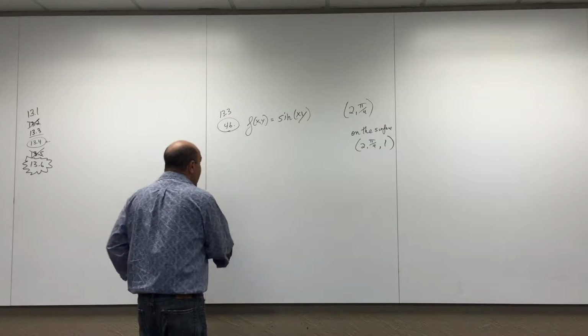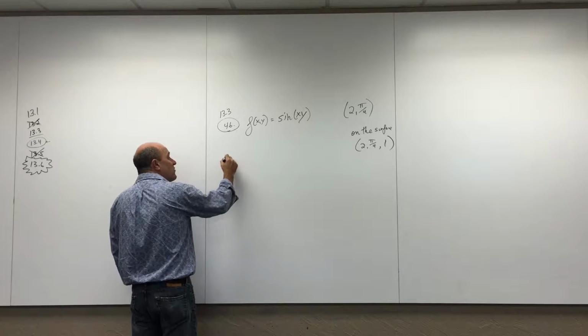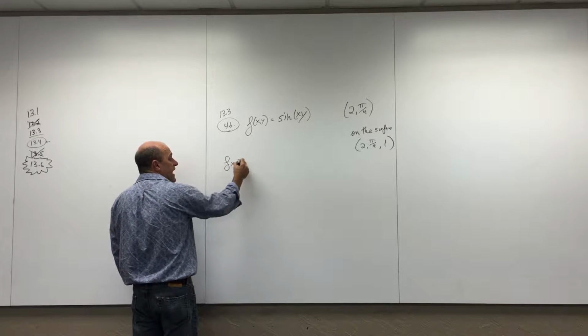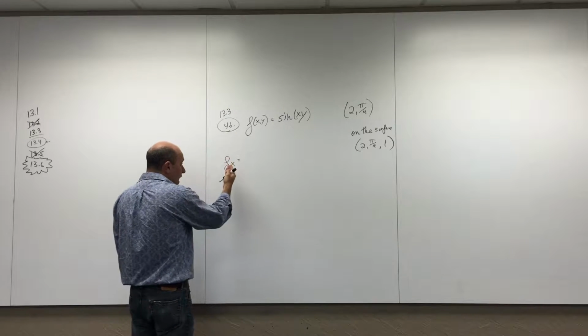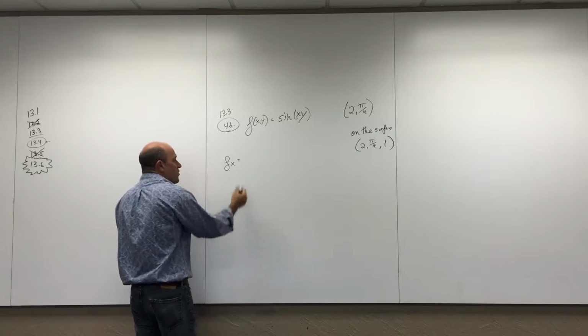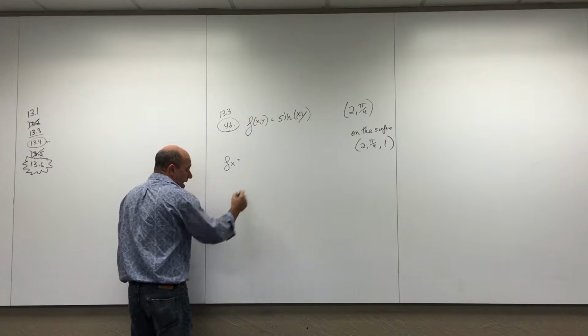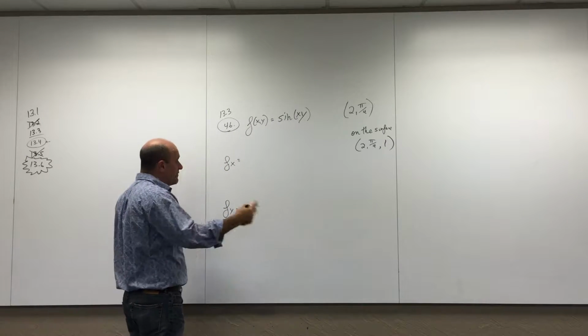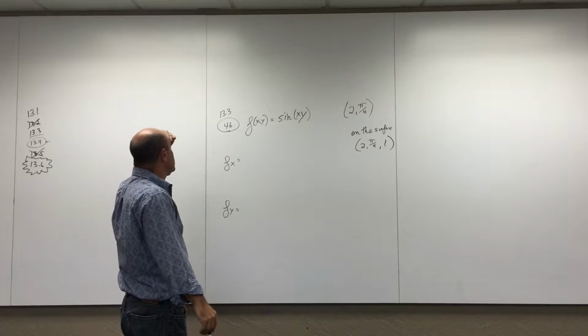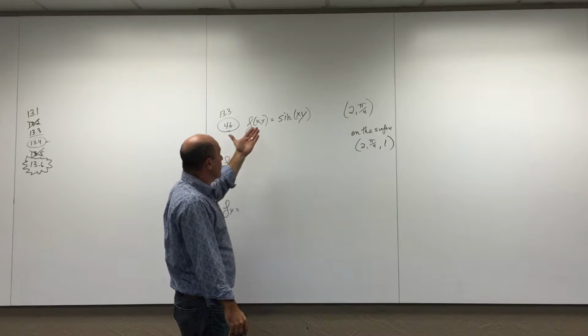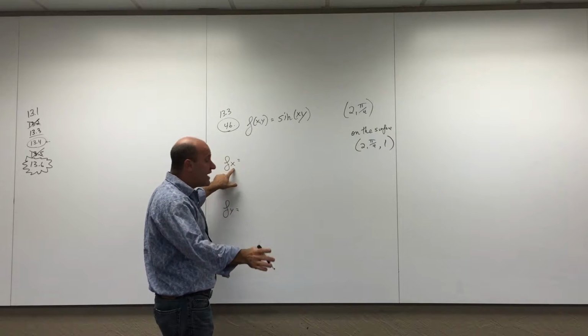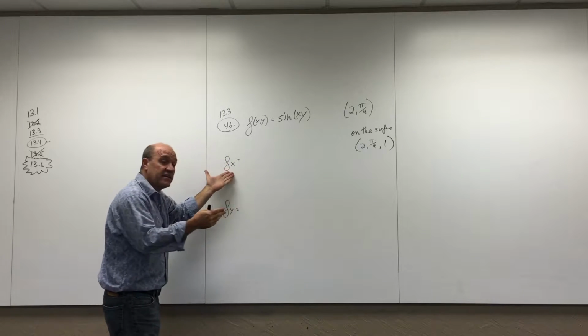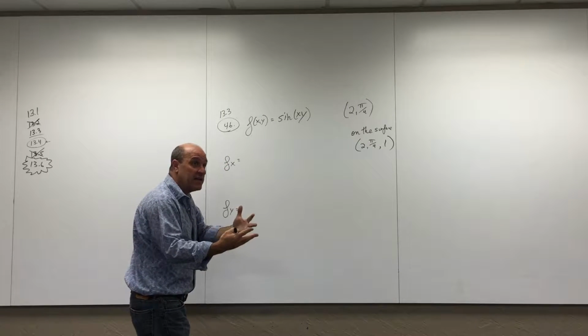Now what they'd like is for me to calculate the partial derivative with respect to x at this point, and by the way, the partial derivative with respect to y. These aren't difficult. We've practiced this a little bit in the first couple of days. For the partial derivative with respect to x, I treat x like the variable and I treat y like a constant.